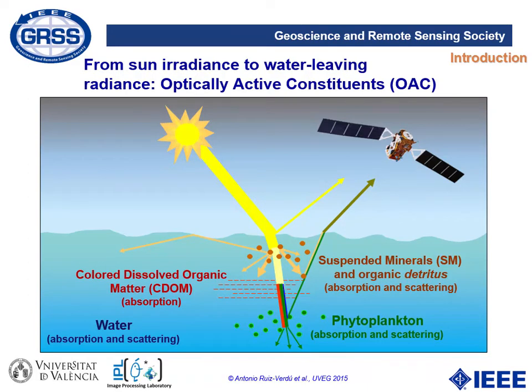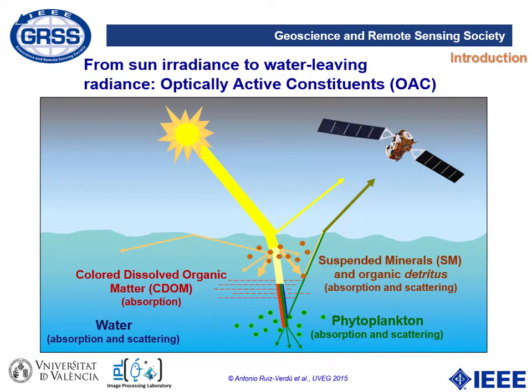These particles, which are of mineral origin, and also detritus, from the decomposition of organic matter, are also a heterogeneous group that have properties of absorption and scattering. So they absorb and they scatter light.